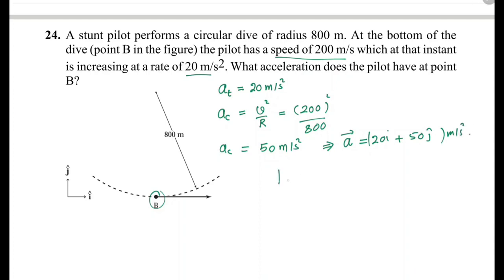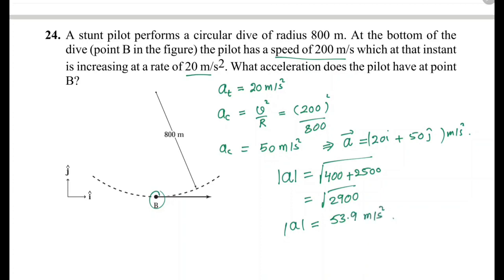And the magnitude of the acceleration is equal to the square root of 400 plus 2500, or the square root of 2900. So the acceleration is equal to 53.9 meters per second squared.